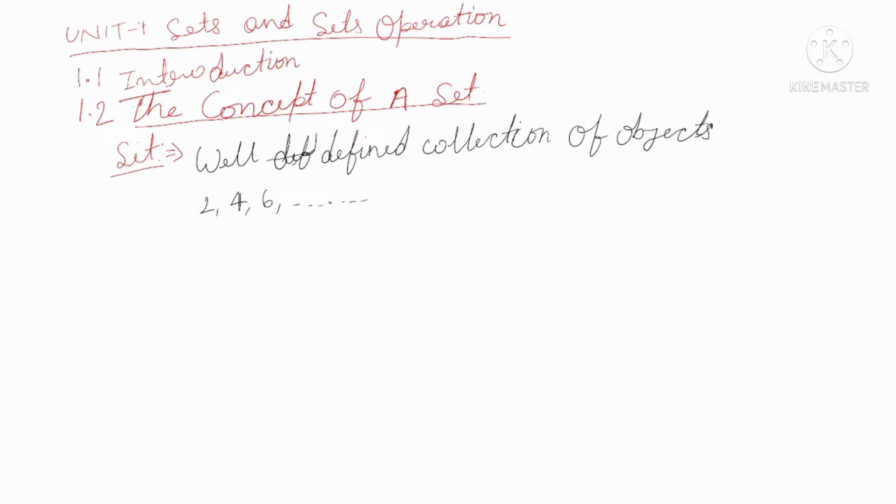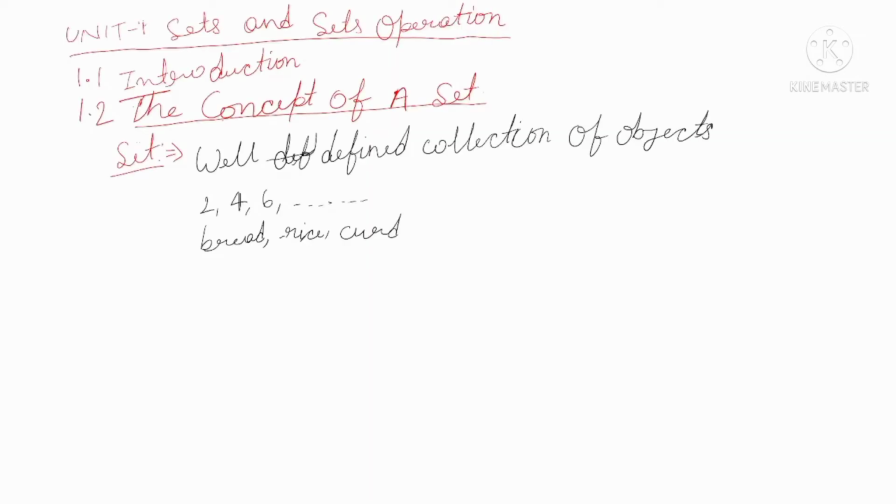It may be possible that your favorite foods are only bread, rice and curd. Here we can write down bread, that is my favorite, rice and curd. If only these 3 things are my favorite, then you can say this is going to form a set.